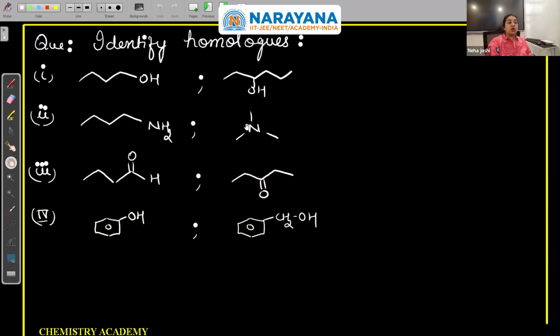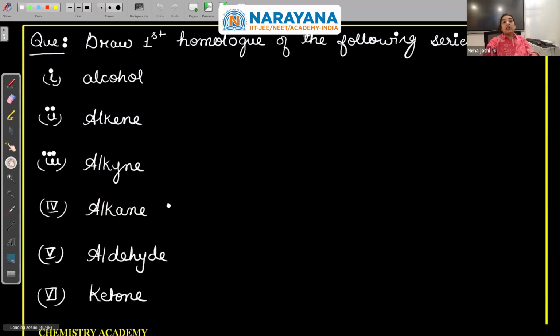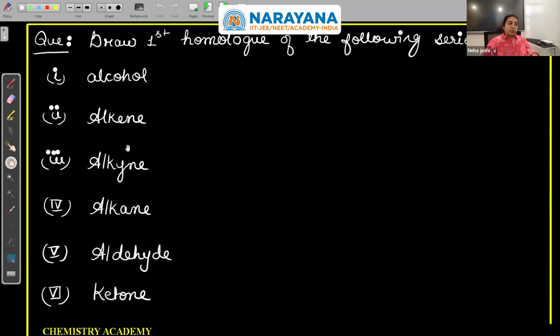So 2 is not a homologue. Aldehyde and ketone are different functional groups, so they are not homologues. Phenol and alcohol are definitely not homologues. They are different functional groups. Homologues must have identical functional groups.